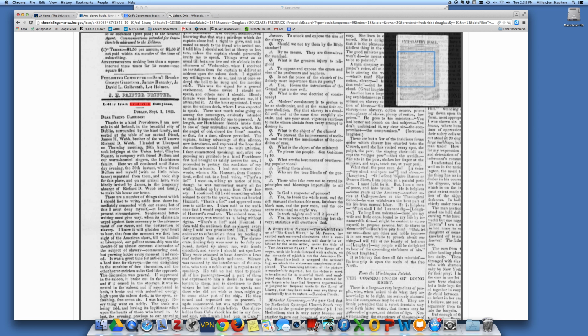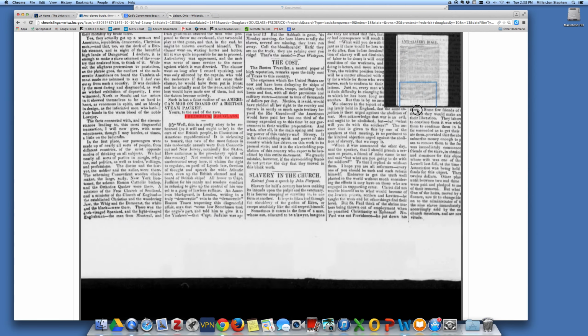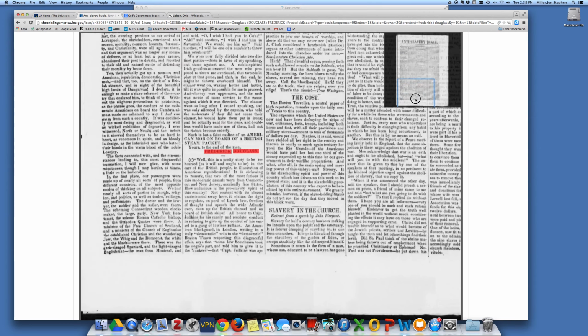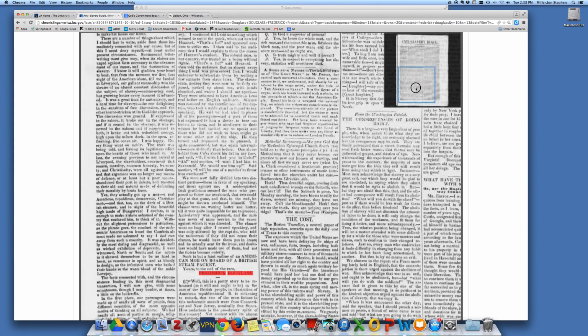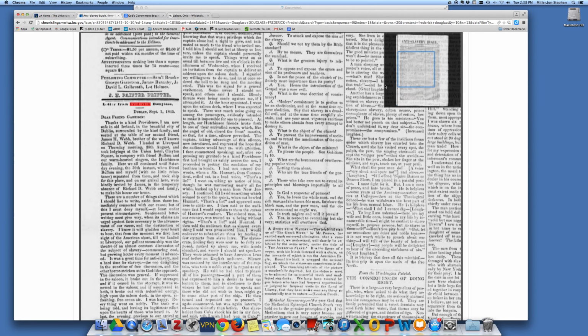So here we have a letter from Frederick Douglass, September 1, 1845. Are the letters of Frederick Douglass collected somewhere? I'm not sure, but we could read it if we wanted to and see if it's interesting to us. Yep, it's signed, and Douglass is traveling to Ireland, right?